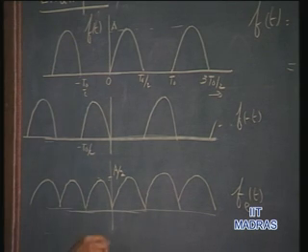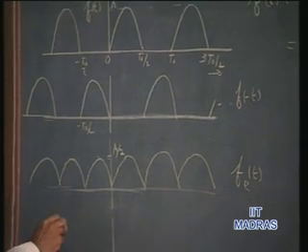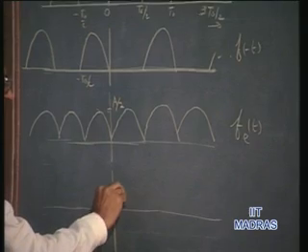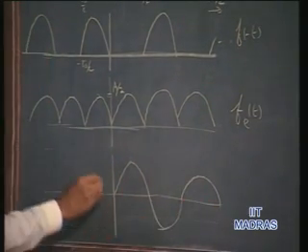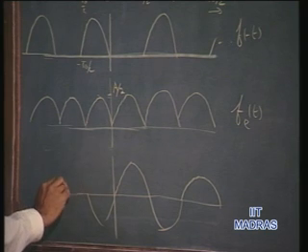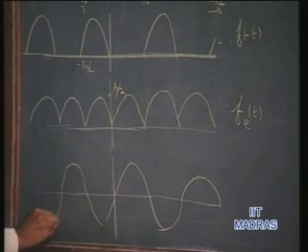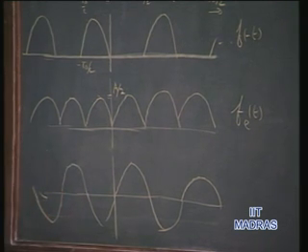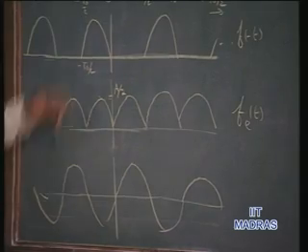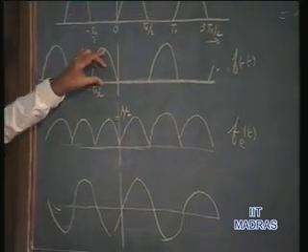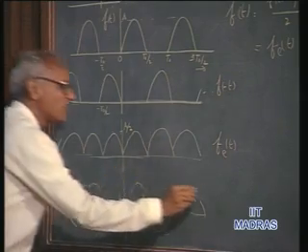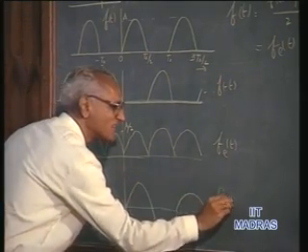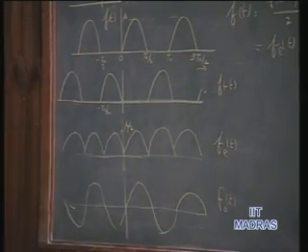And the result is a waveform like this, which is a pure sine wave because each half cycle sine wave is reproduced in the proper direction here, and this is the odd part of t, f naught of t.